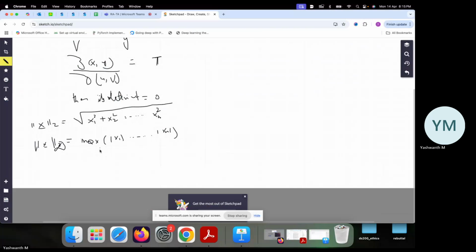Since this is defined like this, we can say mod x1 is less than or equal to this infinity norm for all values of x1 to xn, right? By substituting this into this, it yields the inequality.